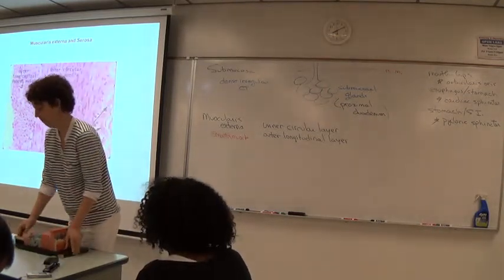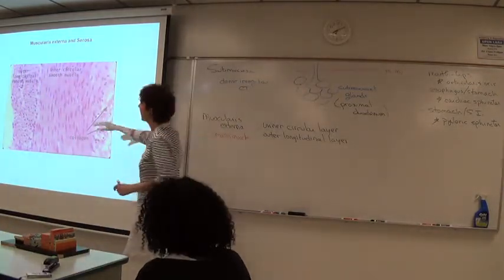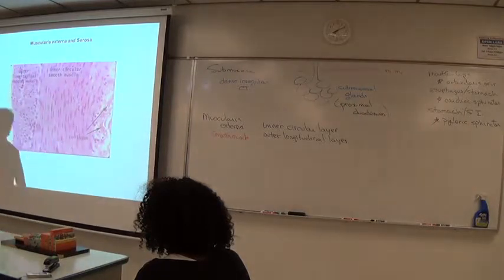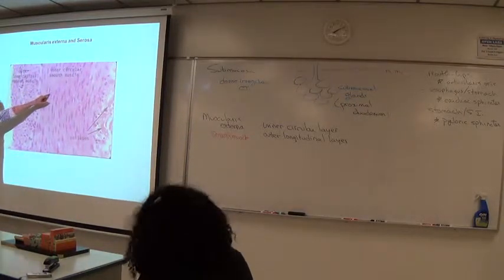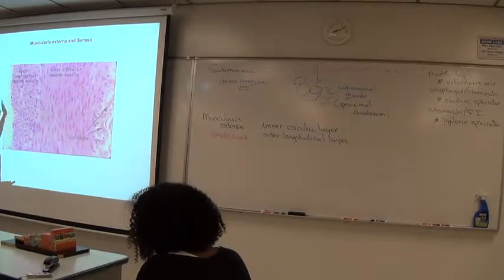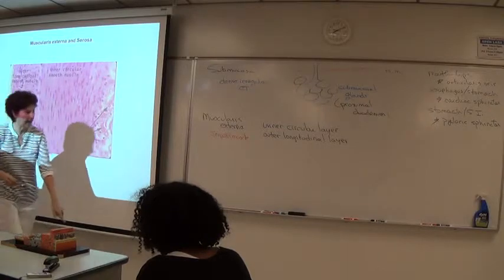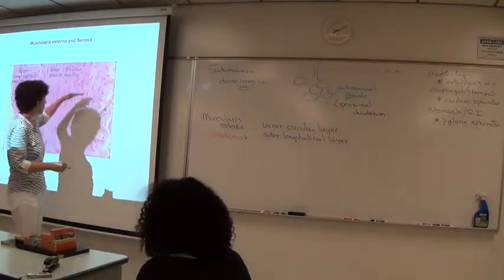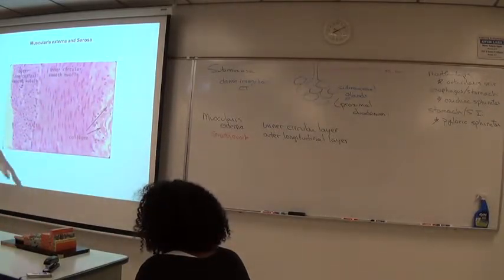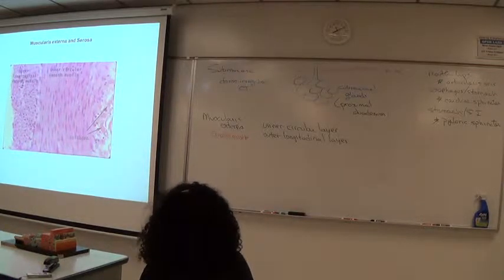So I'll let you figure that out. And here you can see this is an inner circular layer of our small intestinal structure. Would this be a cross section, or a longitudinal section of the length of the smooth muscle of the small intestine?